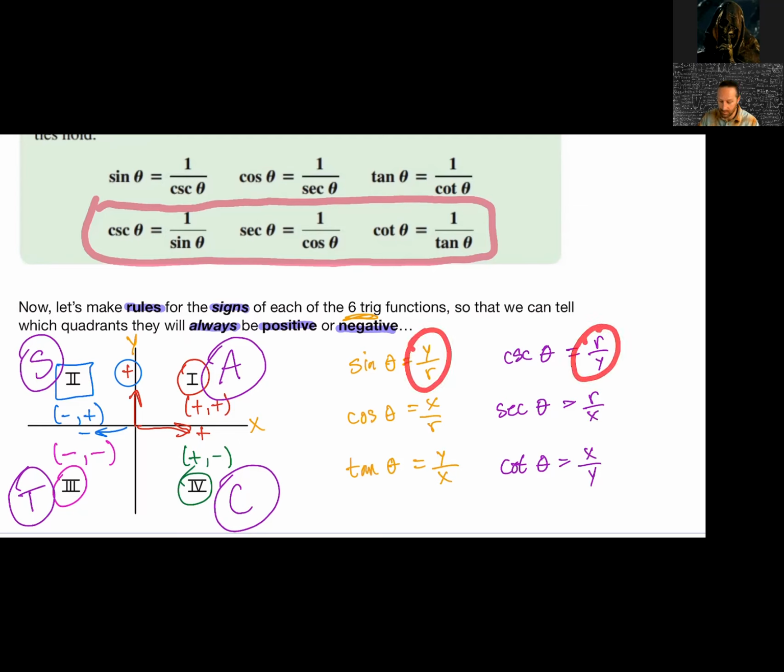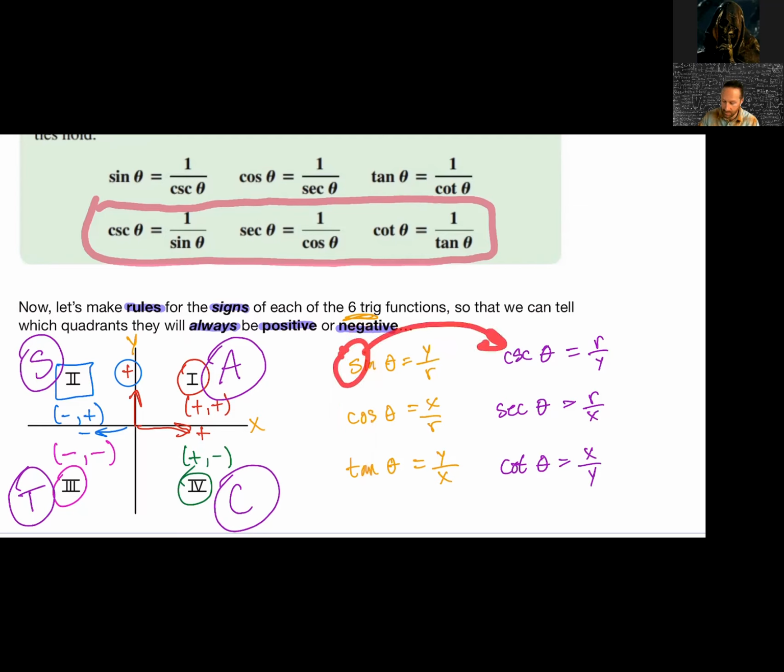Well, yeah, because it's going to change from a y to an r being flipped. For example, a 2 and a 1, if you flip those, instead of a 1/2, we're going to get a 2, which is much larger. But if it was a -1/2, well, then this would still be a 2/-1. Notice the sign is not going to change. So that's why we only focus on the big three.